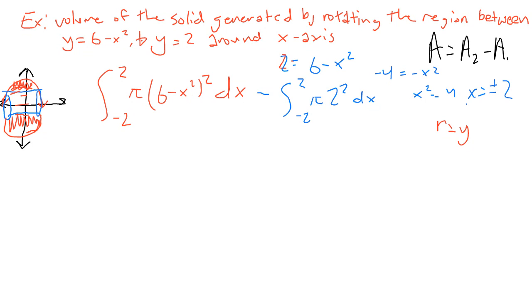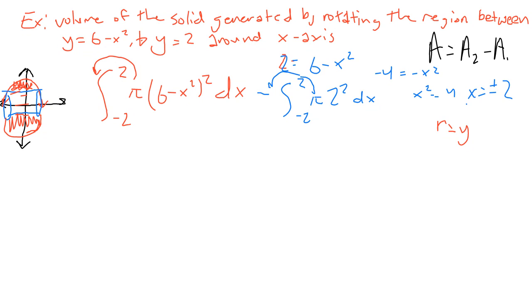All right, so now let's go ahead and solve these. So what we can do is pull the pi out in front on both of these because they really don't matter. So for our first one, let's expand that 6 minus x squared, since in this case we can't do a u sub like we did last time because of that x squared.